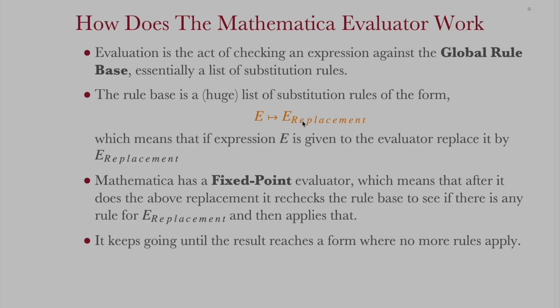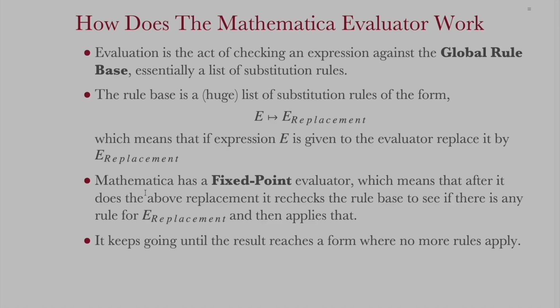Remember, numbers, strings, or any other atoms are also M expressions. So when the evaluator encounters an expression, it searches for it in the global rule base, and then substitutes it with the replacement.